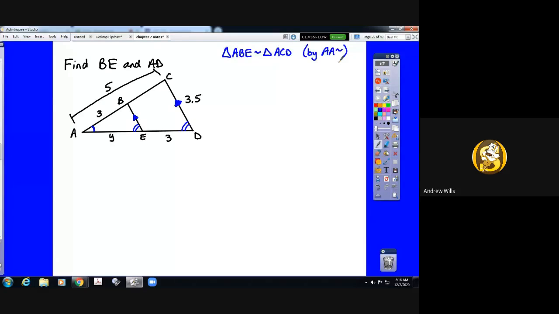So what that allows us to do is it allows us to solve for y, and to solve for this missing side length. Let's add a variable and call it x. And those would be the information that we need to answer the question, because we're asked to find the length of BE and the length of AD.